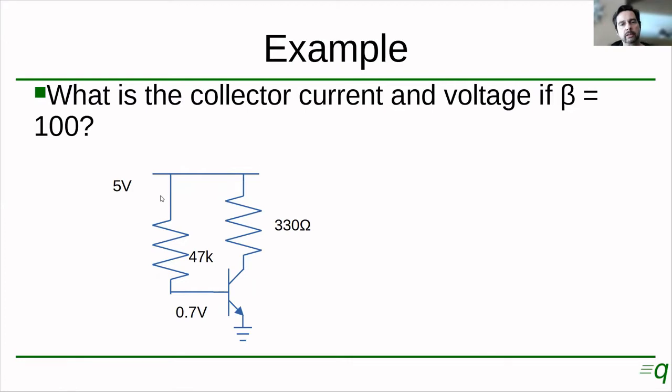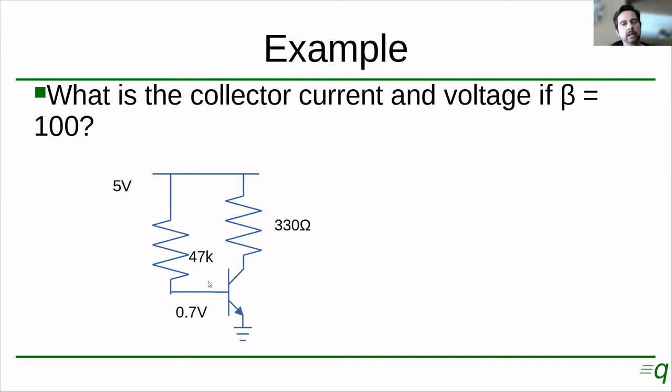Okay. So we start by looking at what's going on at the base. We have the base connected through 47 kilo ohms to a 5-volt supply, and then the emitter connected to ground. And we know that the base emitter junction acts as a diode.